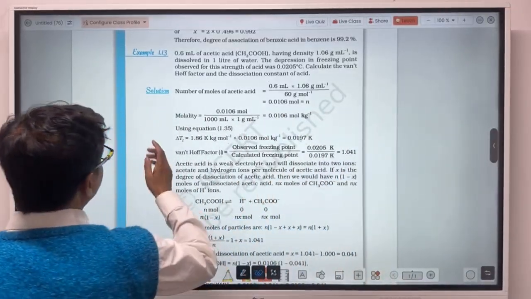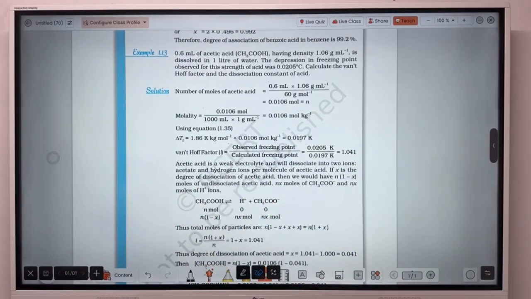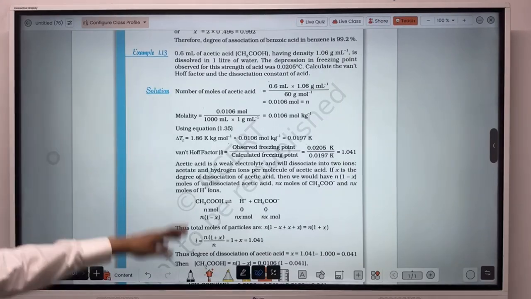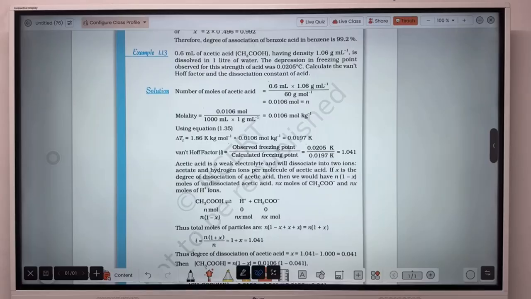Calculate that. Here 0.6 milliliter of acetic acid having density 1.06 is dissolved in 1 liter of water. The volume of acetic acid has been given and the density of acetic acid has also been given, and that acetic acid has been dissolved in 1 liter of water. 1 liter of water means 1 kg of water, because the density of water is 1 kg per liter.